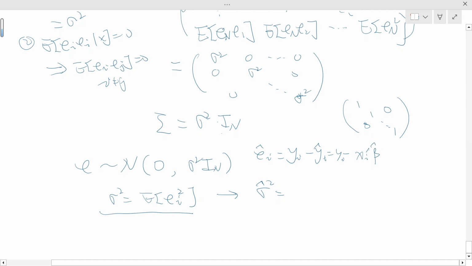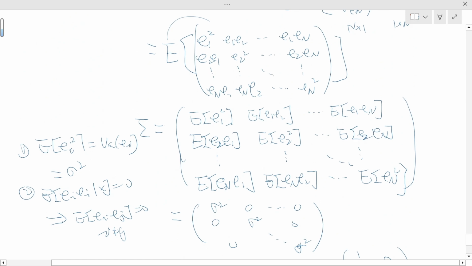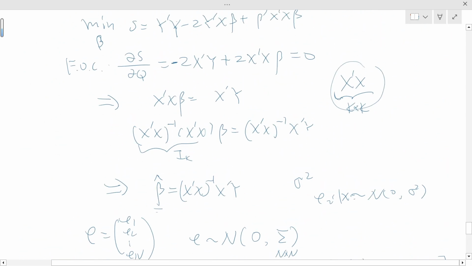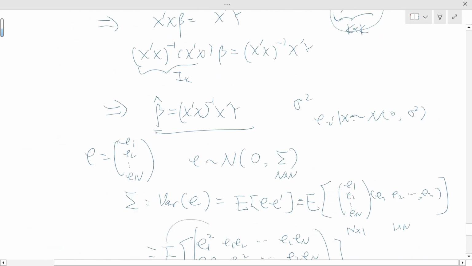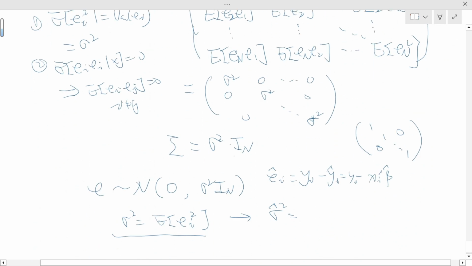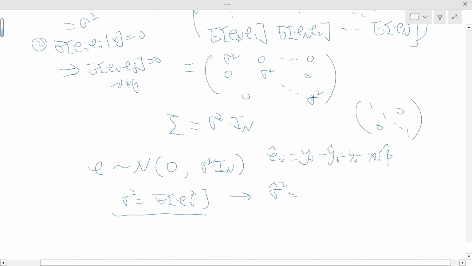Remember, beta hat is our OLS estimator. We derived a formula for it. So we square these epsilon i hat and sum them up.